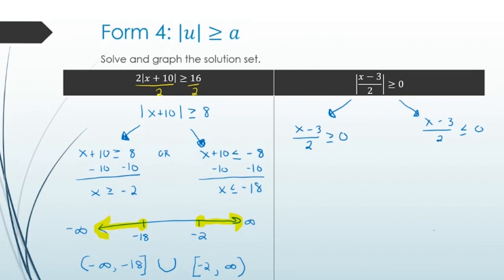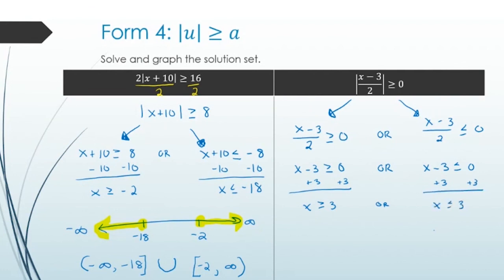All right, so to solve both of these, we can multiply both sides by 2 to get rid of the fraction. So that would be x minus 3 is greater than or equal to 0, since 0 times 2 is still 0. And then x minus 3 is less than or equal to 0. So now I add 3 to both sides. We get x is greater than or equal to 3, or x is less than or equal to 3.